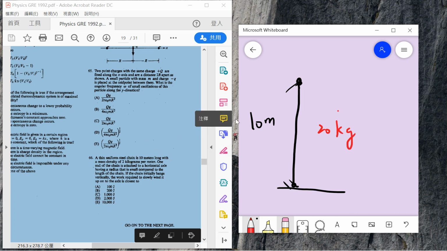And one end of the chain is attached to a horizontal axle that has a radius small compared to the length of the chain. The chain initially hangs vertically, and what you want to ask is how much work you do after the chain is moved so that it is basically here. So you just slowly put it down and it becomes here, and it asks about the work you did.